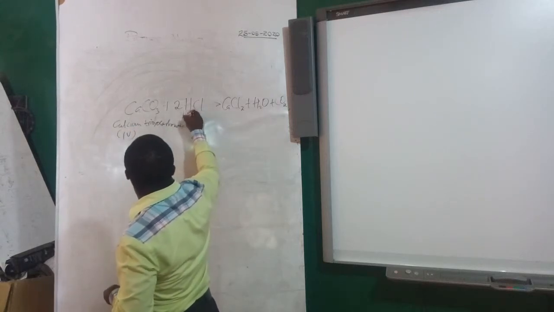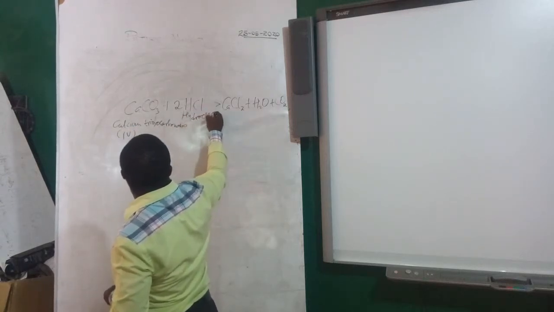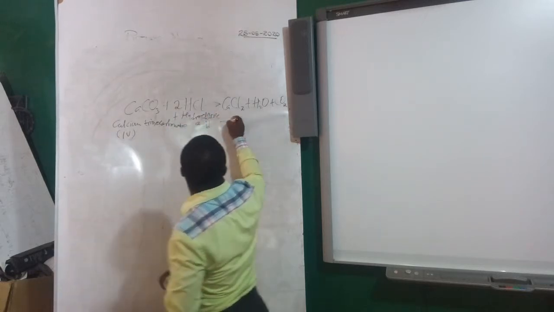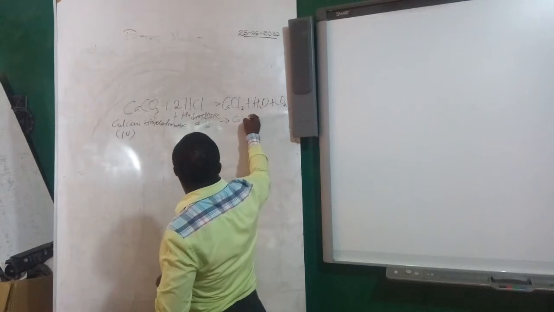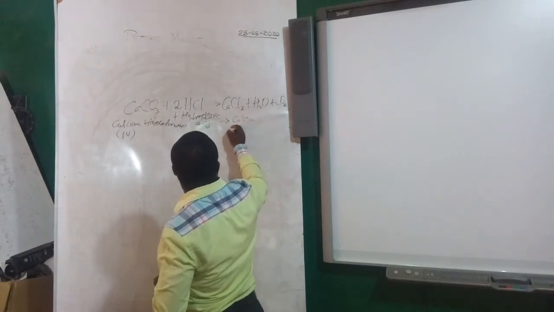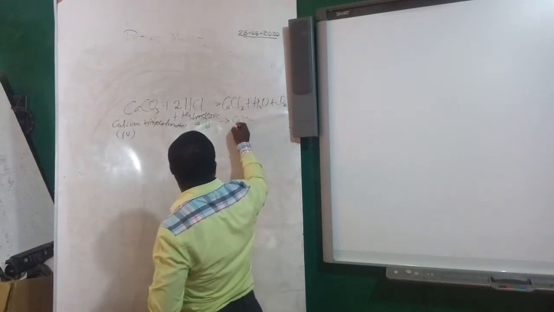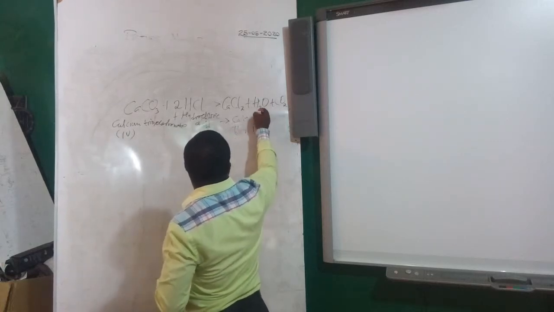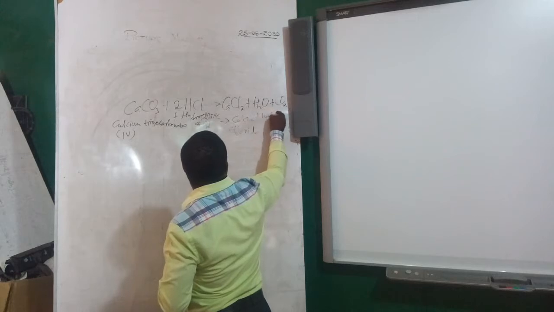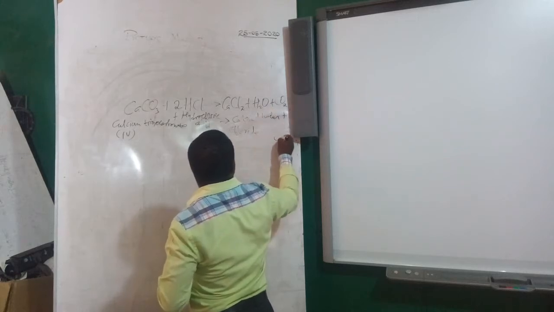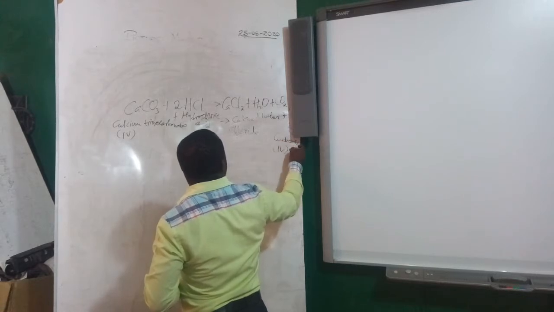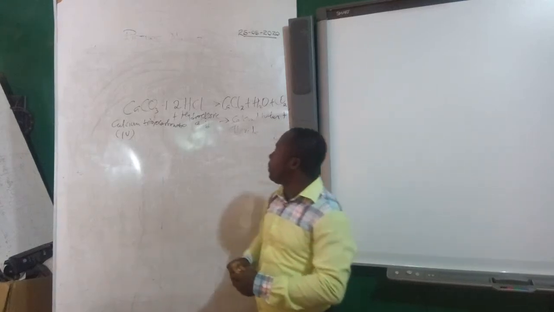Then we have hydrochloric acid, and that will go in to produce calcium chloride, we have water, then we have carbon 4 oxide or carbon dioxide.